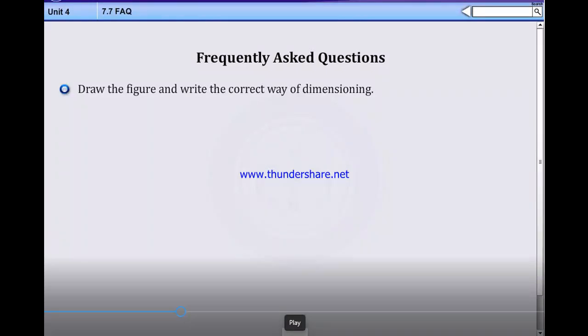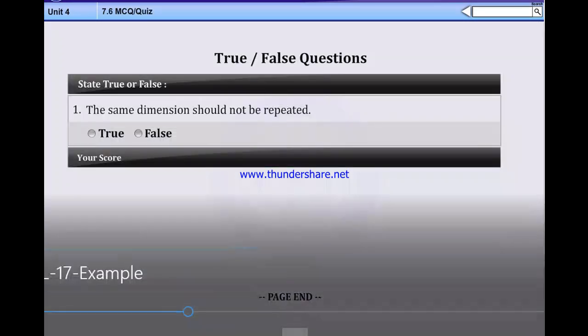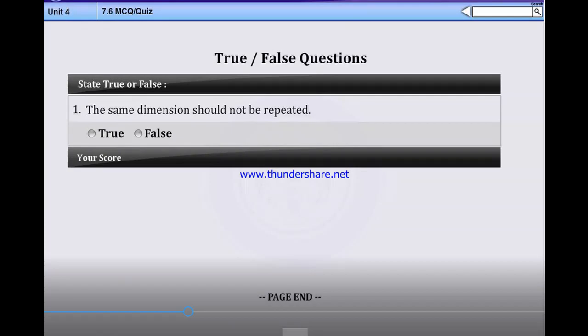In this we can write how the questions are asked, like frequently asked questions: draw the figure and write the correct way of dimensioning. Like that the questions will be asked in examinations. For example, the same dimension should not be repeated. Is it correct or not?